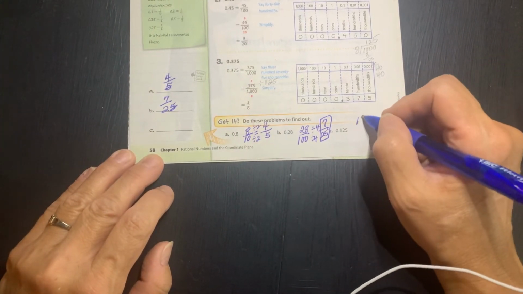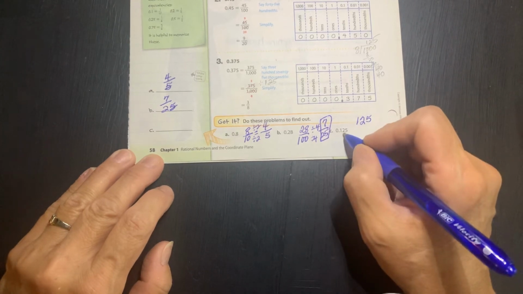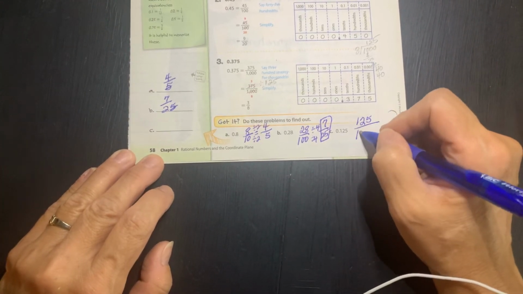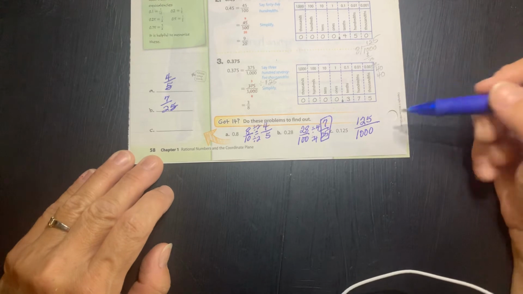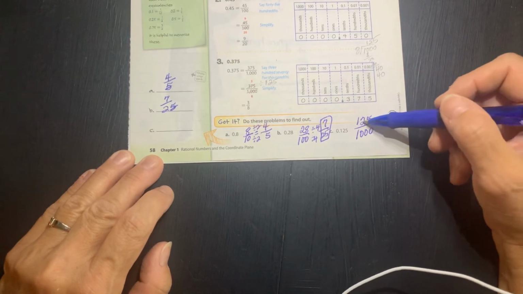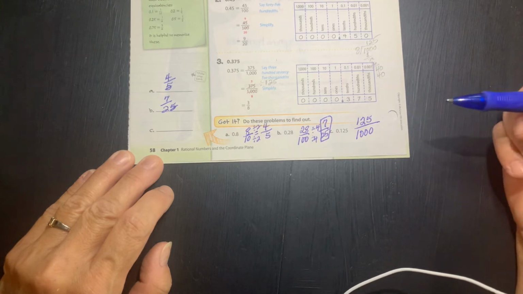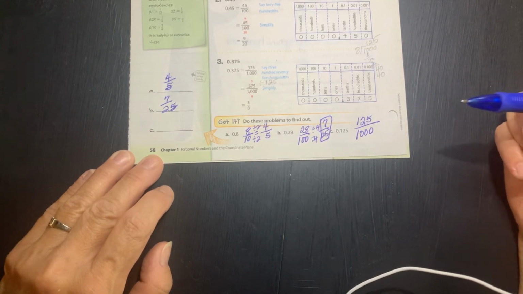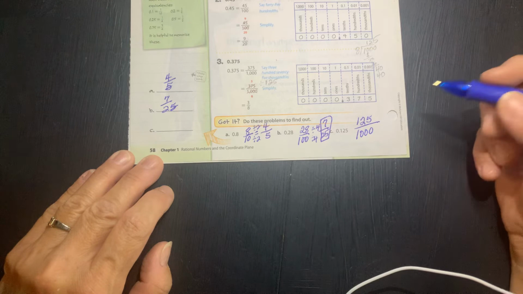We've got 125 thousandths. Now, if it ends in 5 and 0, it's divisible by 5. But if it ends in 25 and double 0, it's divisible by 25. Okay?